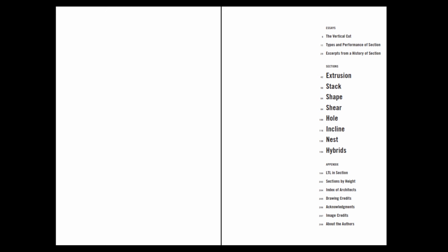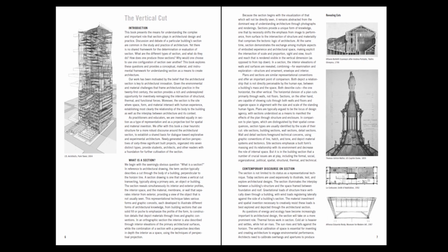They combined a few sectional drawings and called them a certain type. So there's a type of section that's an extrusion, and there's a type that's a stack. I'm not sure if they mean the section itself or the way the building is designed, but this is how the book divides the sectional drawings. So we'll just see how it is inside the book.